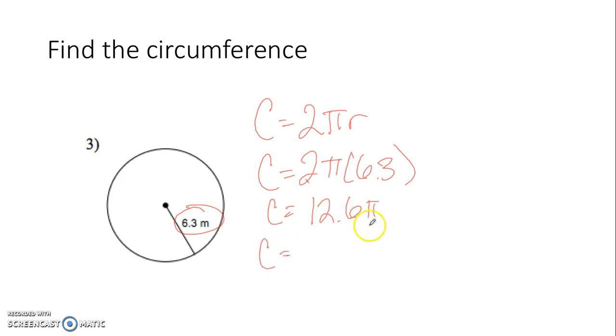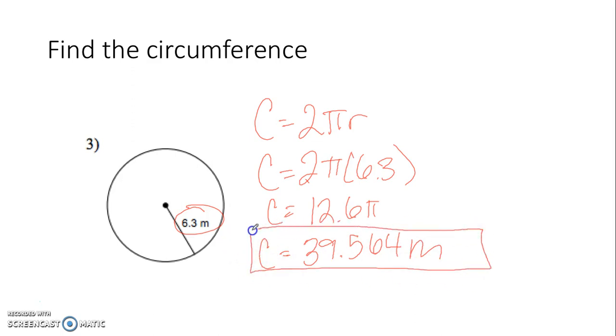When you type 12.6 times 3.14, you're going to get C is equal to 39.564, and then our unit of measurement is meters. All right, so you're just plugging in the information into the formula that's given.